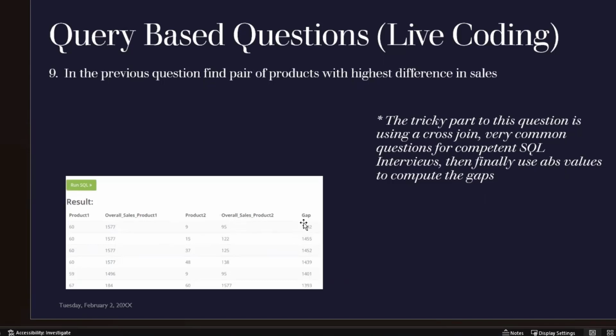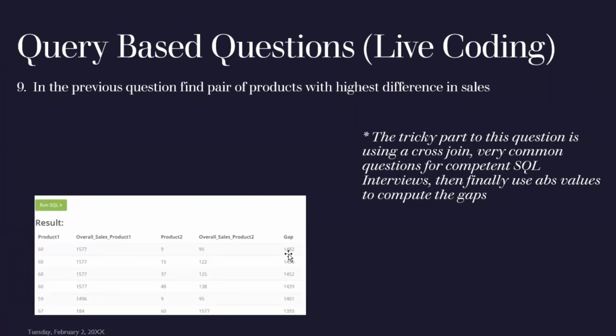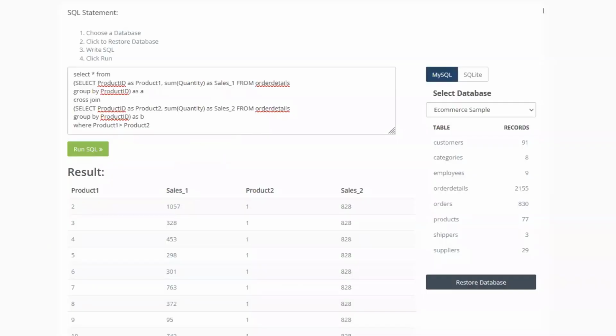How can we calculate the gap? One thing that we want to take care of is, if 95 is on the left side and 1577 is on the right side, the gap will remain the same because the gap is nothing but the absolute difference. So the sign shouldn't matter. Let's see if we can solve that in the given query itself.